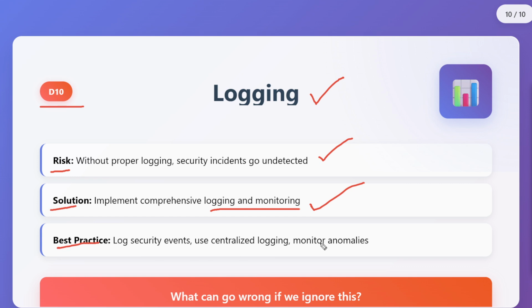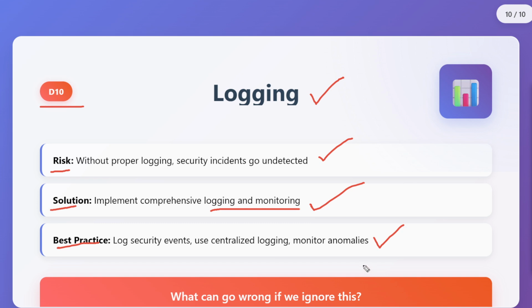The best practice is to log security events, use a centralized logging mechanism, and monitor anomalies, using tools like the ELK stack or Grafana, which maintain centralized logs and help track security events and access patterns, so anomalies can be detected across the containers.